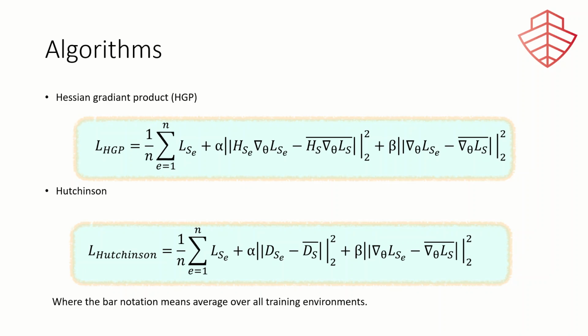The interesting point here is that the Hessian gradient product can be calculated easily using just two backpropagations. For Hutchinson, we use the Hutchinson estimator of the main diagonal of a matrix to estimate the main diagonal of the Hessians and then align them.